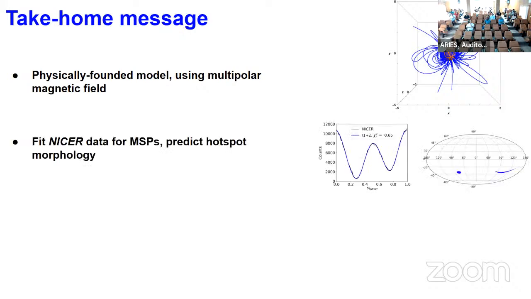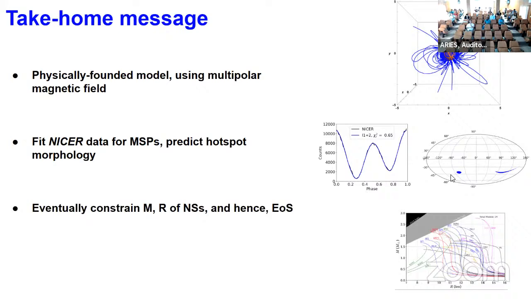And the idea is to fit NICER data over here for millisecond pulsar and predict where the emission is coming from. And in the end, we want to populate this plot with small dots where my mass and radius for different pulsars is going to be. And then that's how we constrain the neutron star equation of state.